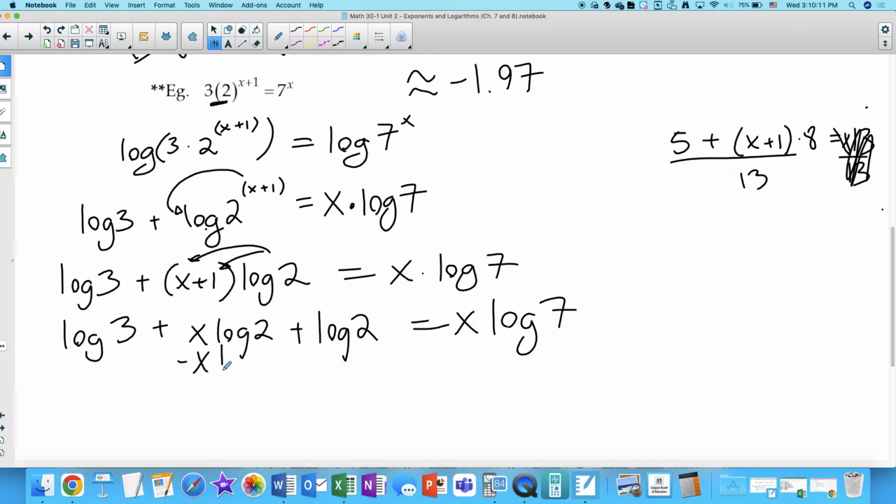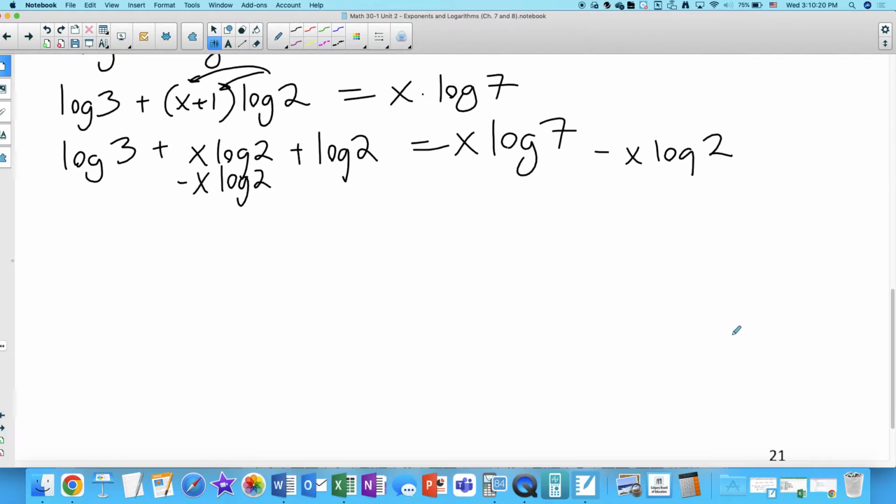On the left side, all I'm left with is log 3 plus log 2. On the right side, I can now factor out an x. If I factor an x out of here, I'm going to be left with log 7.